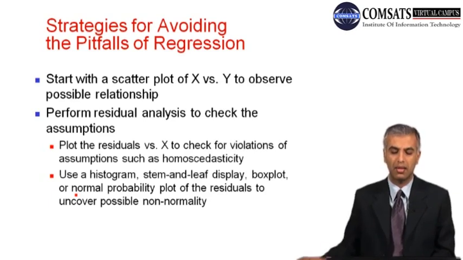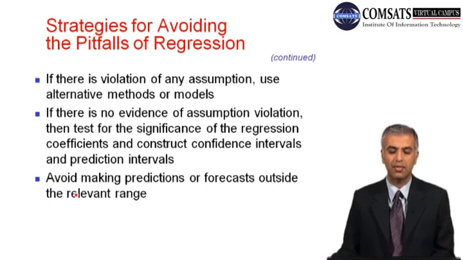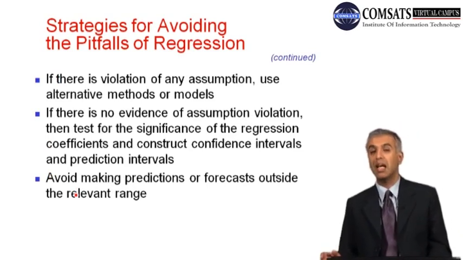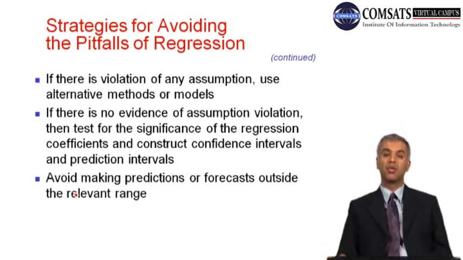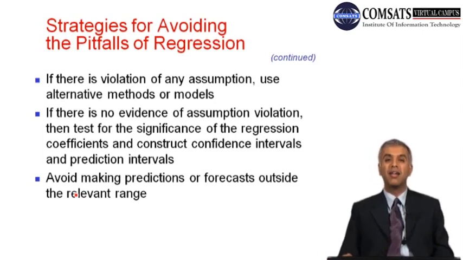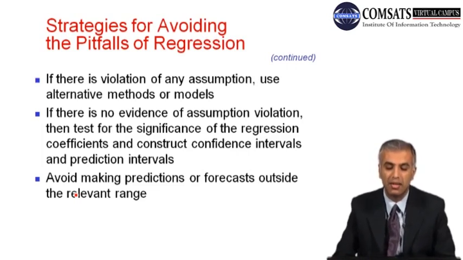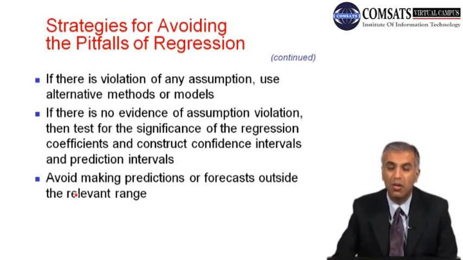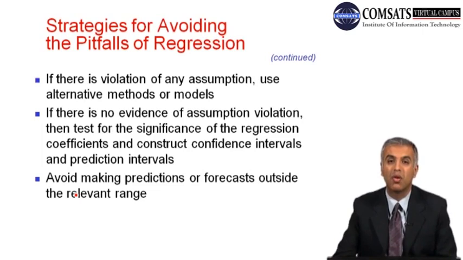So then we had further issues, like we may have violation of assumptions. It's not always necessary that all of your assumptions are satisfied, and if there is a violation, then we have to look for alternative methods. We have to look for alternative models in this case.